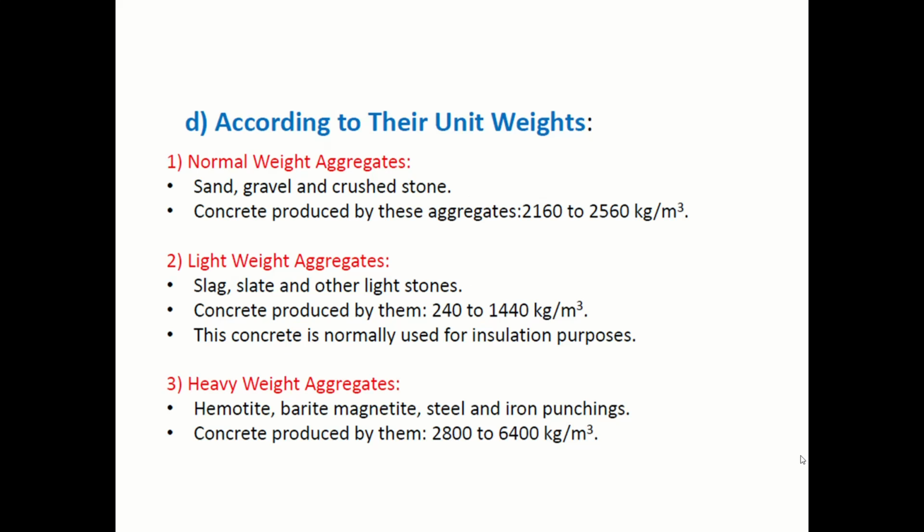This type of aggregate will be used for concrete such as for insulation purposes. And then heavyweight aggregate: hematite, barite, magnetite, and steel and iron punchings. The range of the unit weight will be in this range.